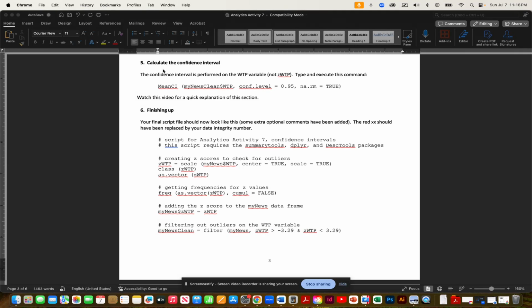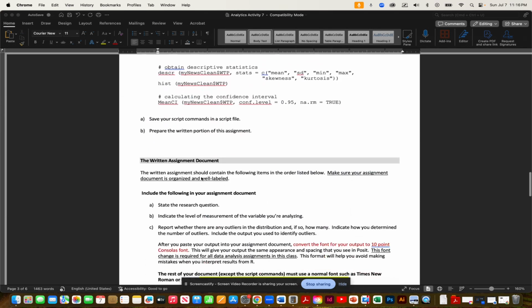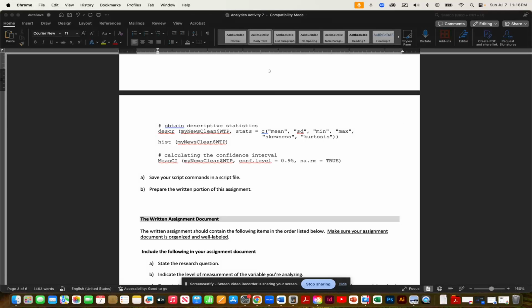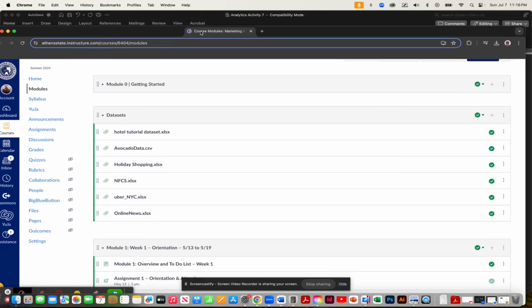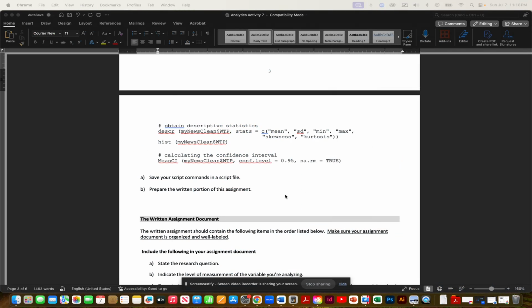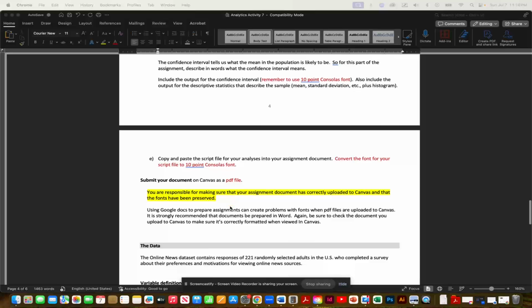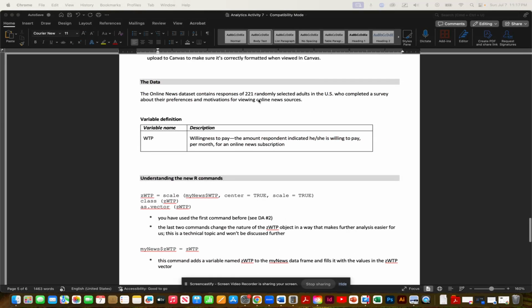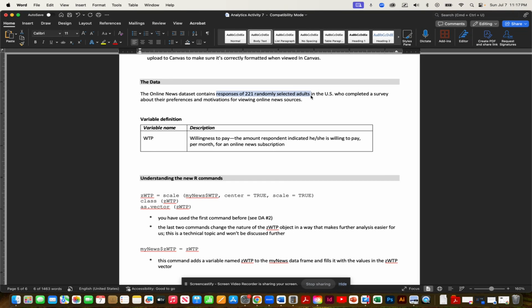And in this particular example, we're using the online news data set. According to this document, this data set contains responses of 221 randomly selected adults in the US who completed a survey about their preferences and motivations for viewing online news sources.